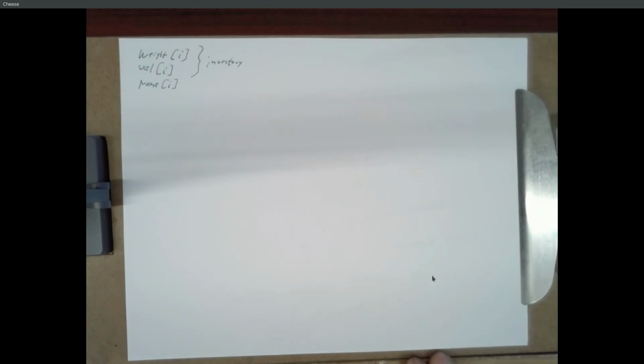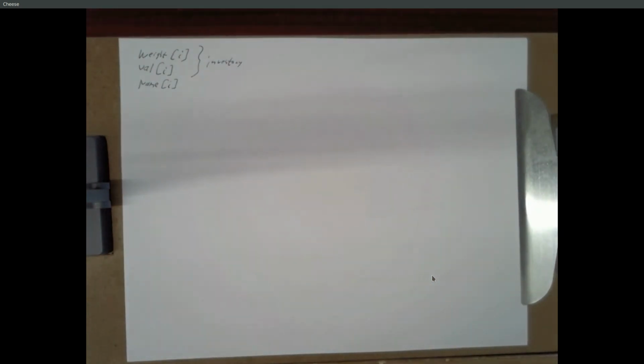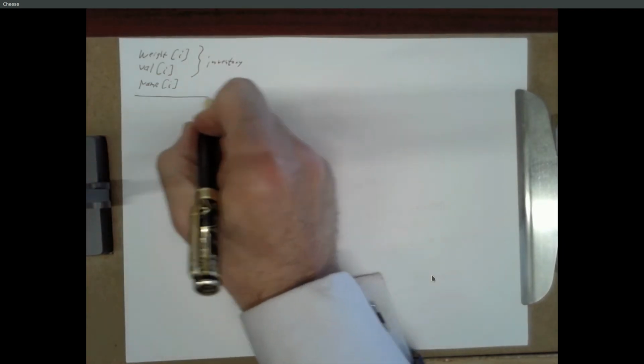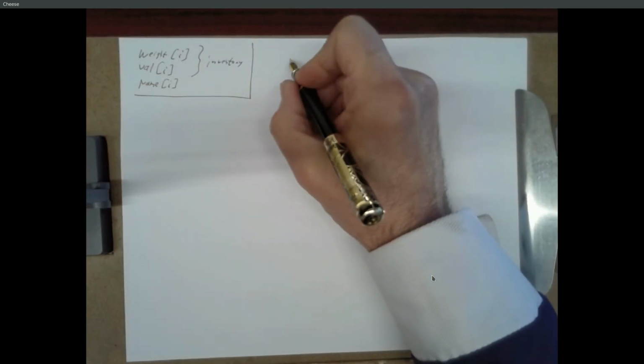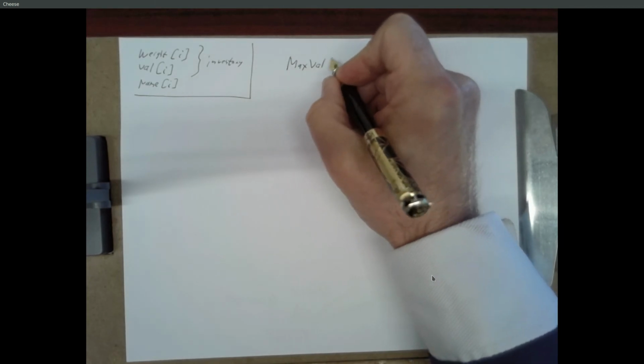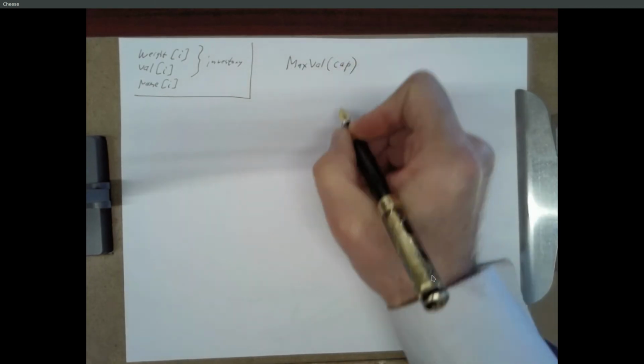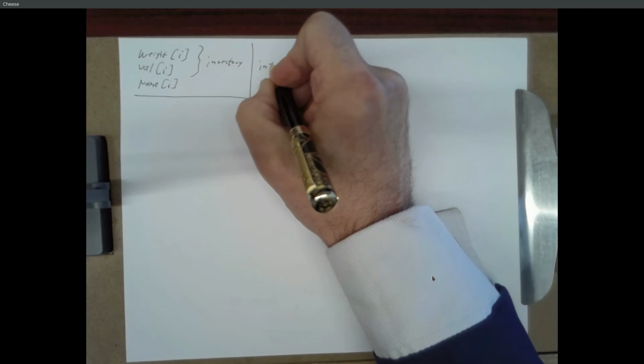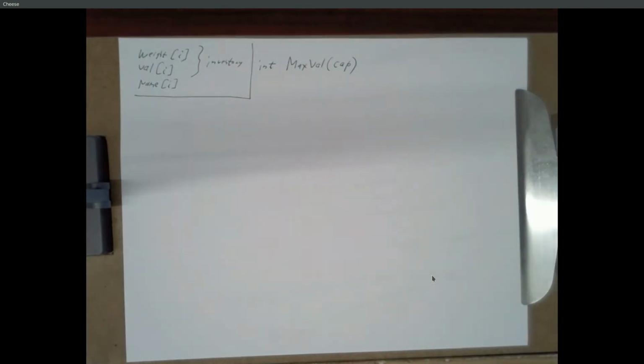So we have this array of items starting from item 0 that tells us the weight and the value of each item. And our whole goal is to create a function which I'm going to call maximum value, MaxVal. MaxVal, you give it a capacity and it returns the maximum value that you can get by putting things into a bag with that capacity.